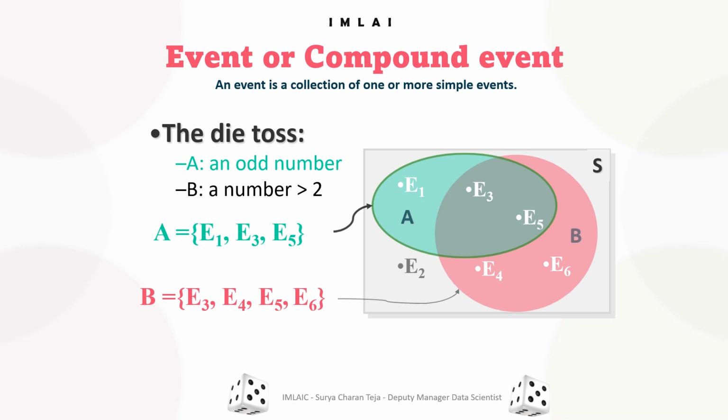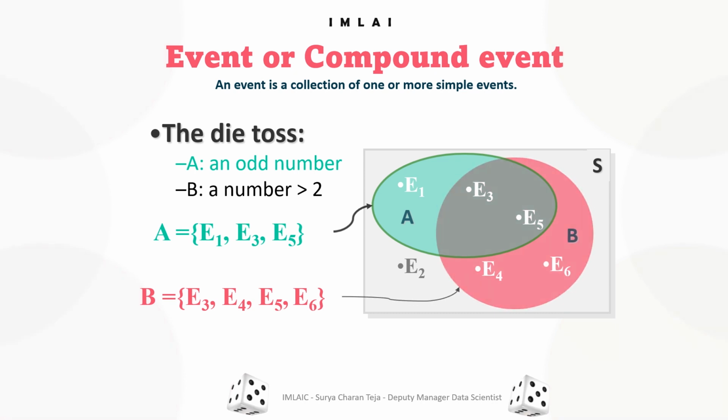So unless you are clear about what is an event, what is a simple event, what is a compound event, you will never be able to perform probability calculations with ease. You will always be doing it with a random pattern or just by rote, nothing else. That's the reason I'm stressing these basics, event and compound event, and want to make them very clear before we do the calculations.